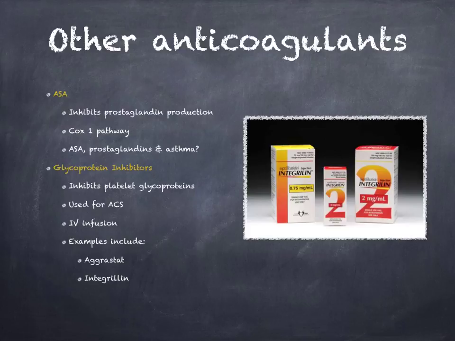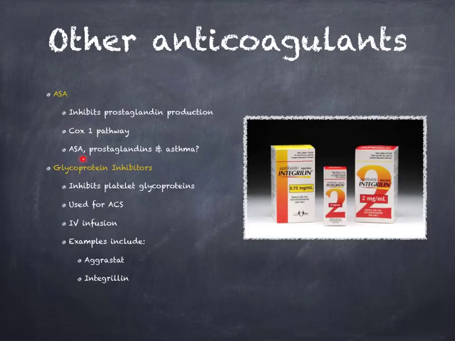Okay, just some other anticoagulants or antiplatelets that I want to talk about. Obviously, good old aspirin, ASA, or acetylsalicylic acid. Aspirin inhibits prostaglandin production, and we've talked about that in prior lectures. We've talked about the early and late phase inflammatory response, and the cyclooxygenase and the lipoxygenase pathways. This specifically affects the cyclooxygenase 1 pathway, inhibits that, and of course that can inhibit clotting.